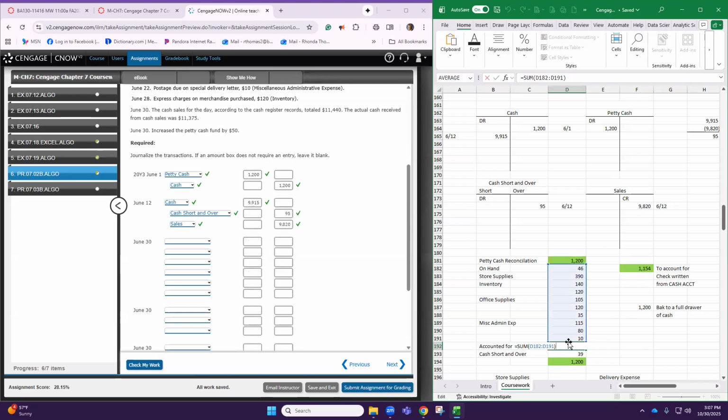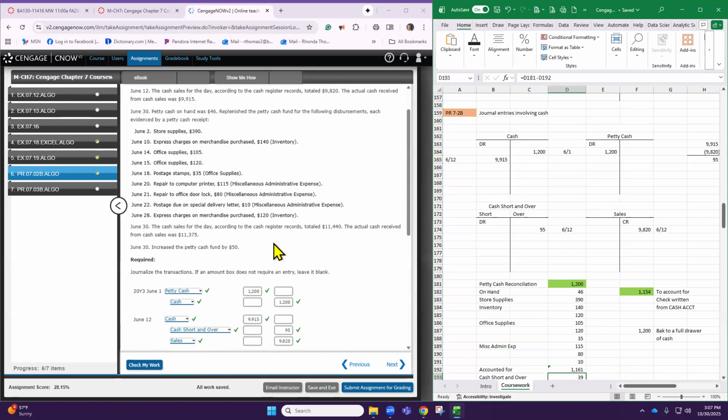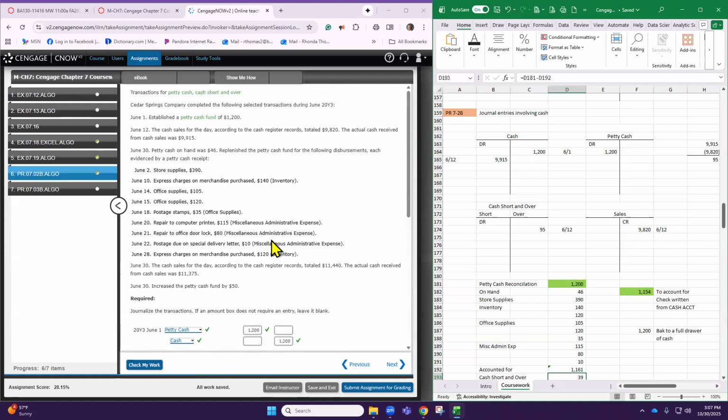Let me see if I have written something down incorrectly, because we should be able to account for the same amount. Because we've got to write a check to bring us back up to $1,200 in cash. So let me see, cash on hand is 46, 390, 140, 105. Let's get this down right.